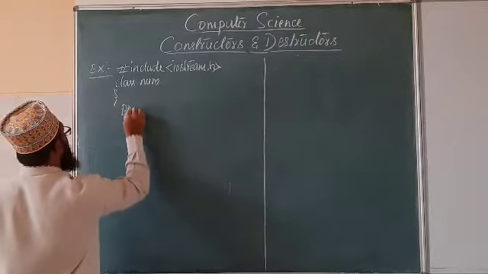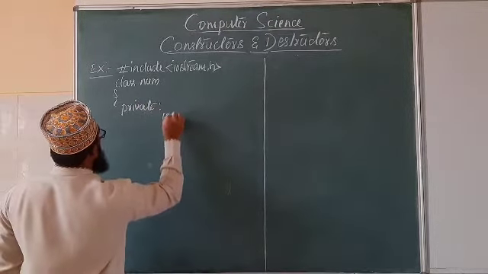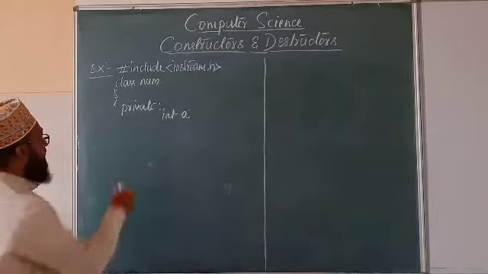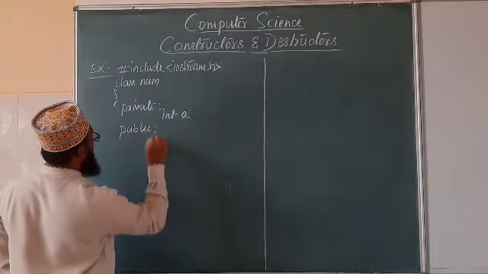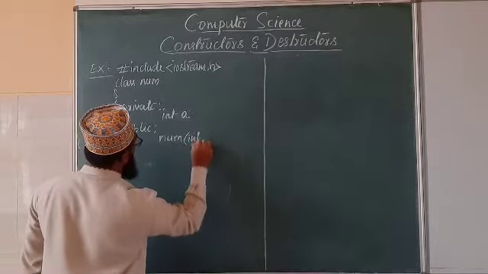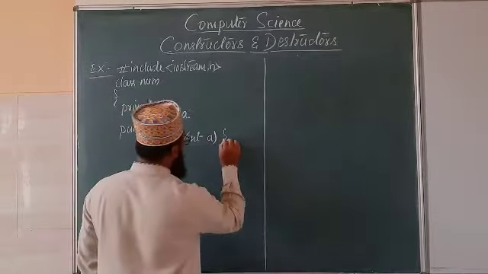Then the private access specifier, and this takes just one variable, that is a. Okay. Then after that, public. Under public, how can we declare? Num. Okay. Int a. Then after that, how can we give?